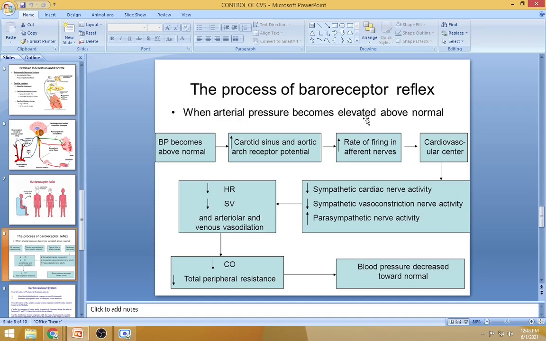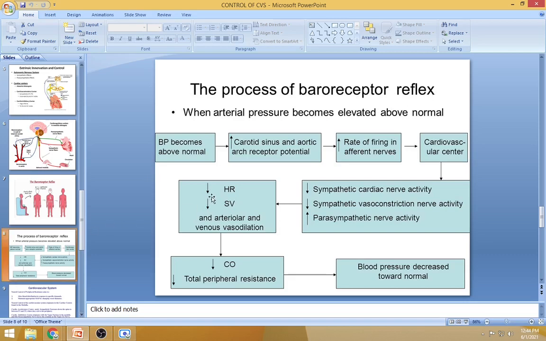High pressure would cause an increased frequency of discharge. A low pressure would decrease the frequency of discharge. Both are signals that are sent to the brain. The brain perceives them as a frequency, either high or low, and then responds to that.